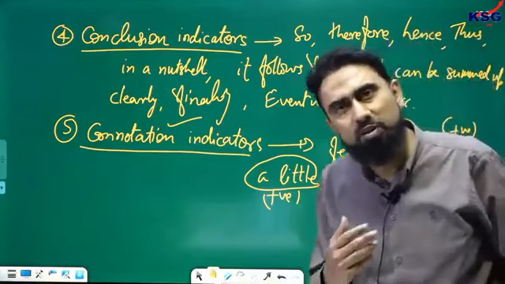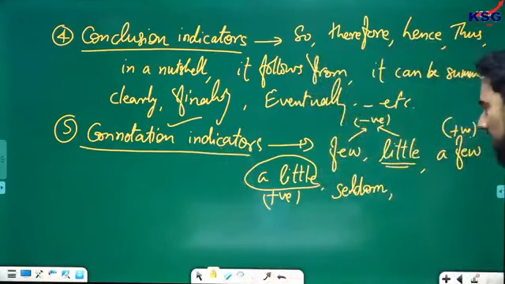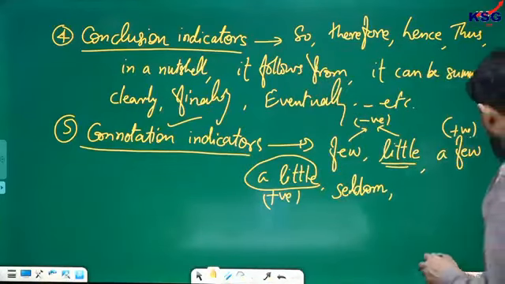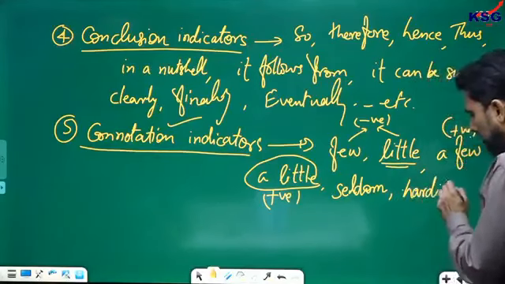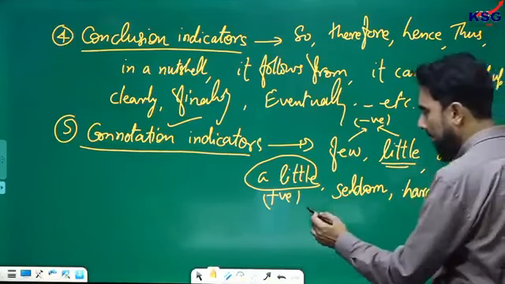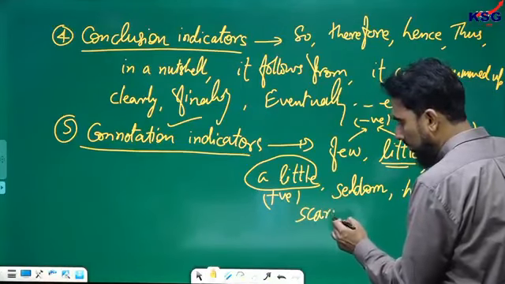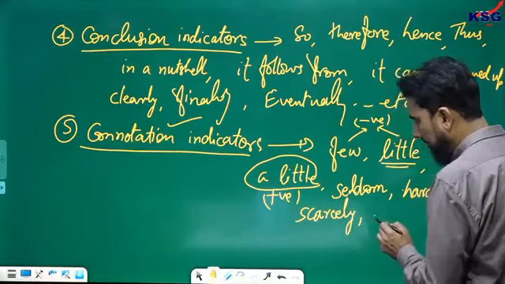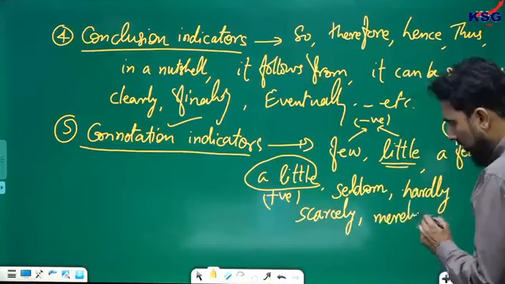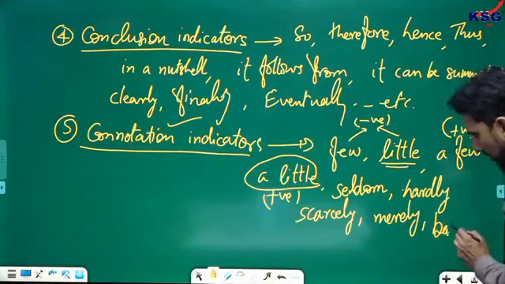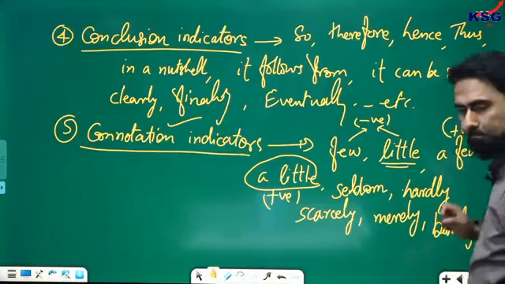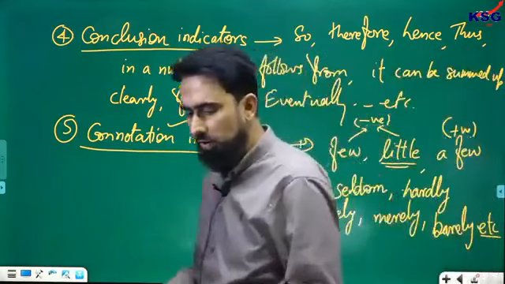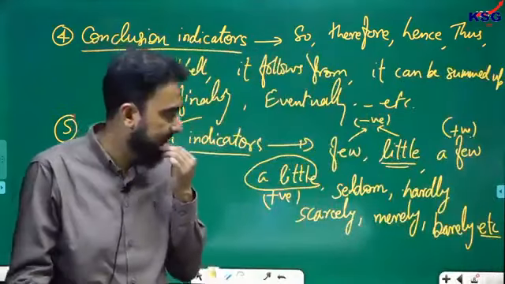Seldom is not zero, but it tends towards zero. Similarly, we have words like hardly, scarcely, merely, or barely, etc. So these words you must pay attention to and understand the meaning in the right perspective.